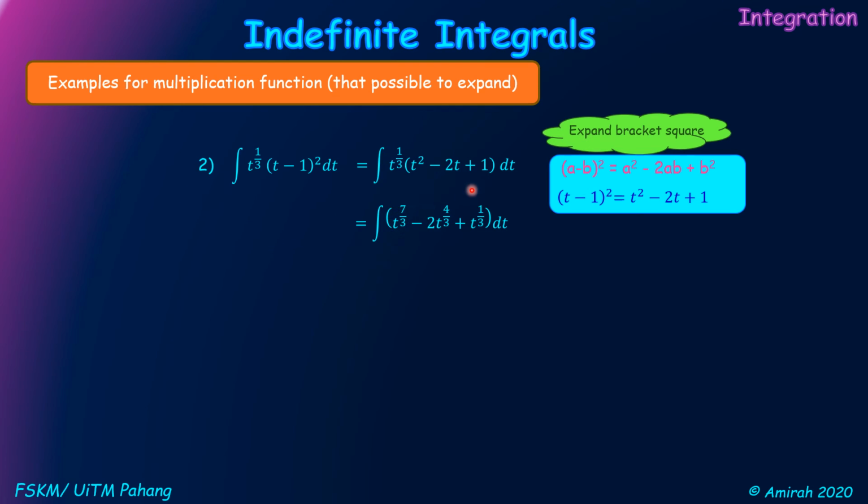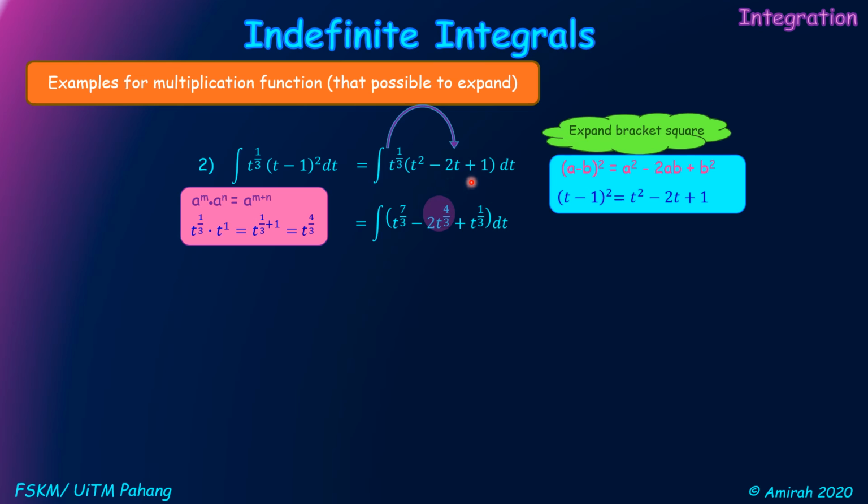Then t to the power of 1 over 3 times negative 2t. So we still have negative 2 here. Then we multiply t times t to the power of 1 over 3. Using the properties of indices, we get t to the power of 4 over 3.